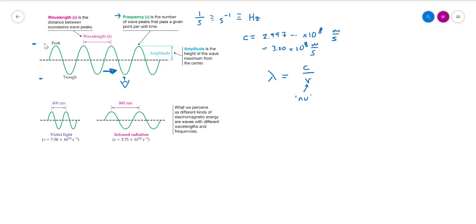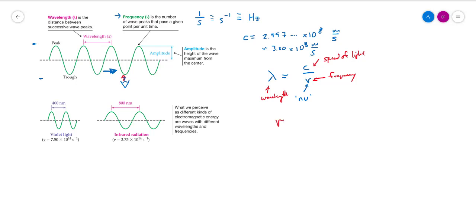So let me write this out: wavelength equals the speed of light, a constant in vacuum, divided by the frequency of that light, which is how frequently one part of the wave passes in front of the observer.